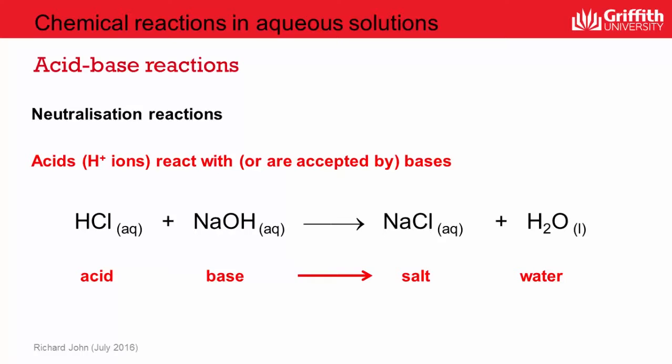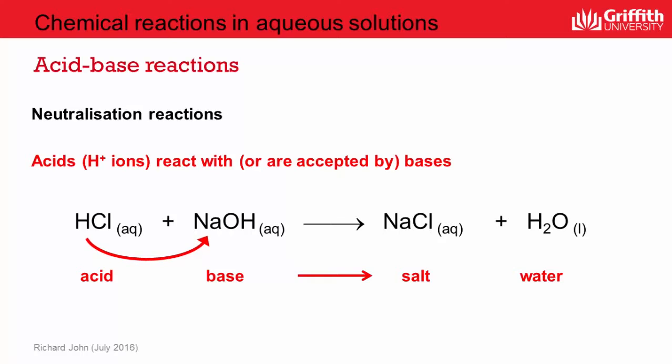So in general, we can write any acid down, react it with any base. We know that water will be a product, and then the trick is working out exactly what the salt is and what its chemical formula is. And then we need to be able to balance that equation, put appropriate subscripts in, and then if required, write a net ionic equation.